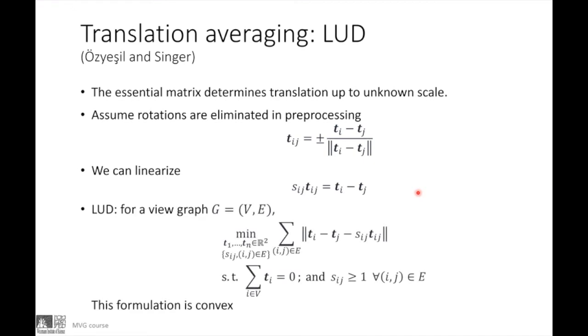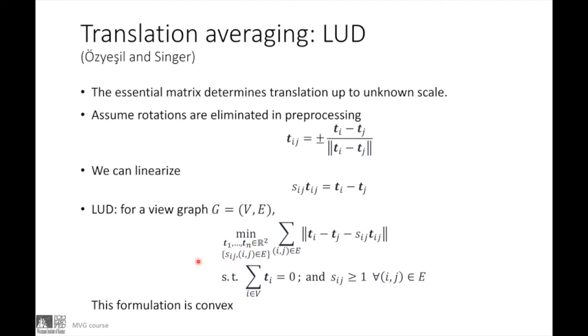Okay, so the idea in LUD is to minimize somehow this equation. I want to minimize the norm of Ti minus Tj minus Sij Tij, where the unknowns are T1 to Tn and the scale factors Sij.